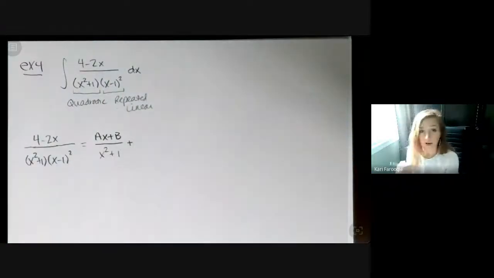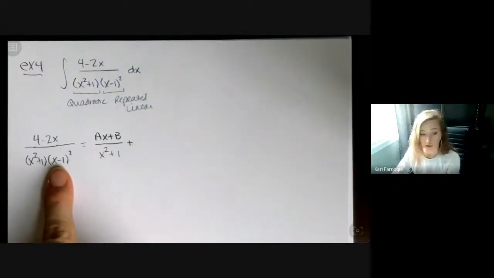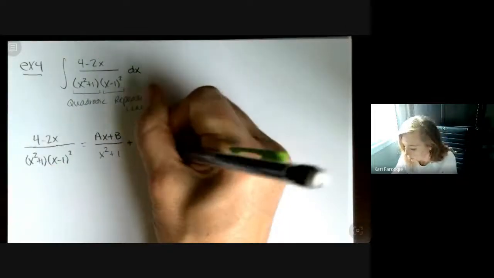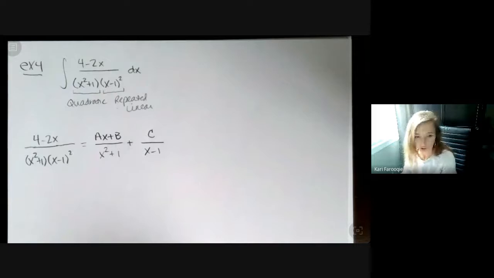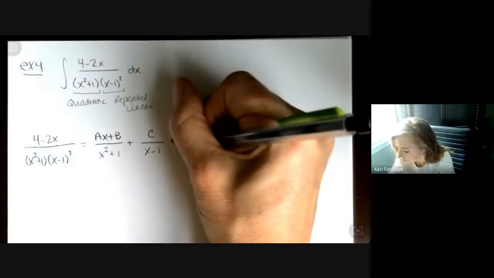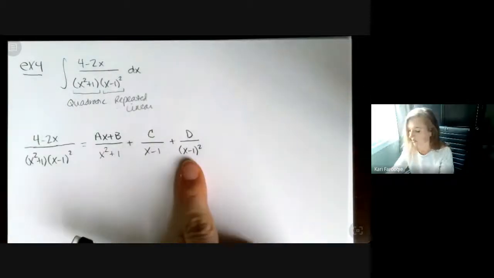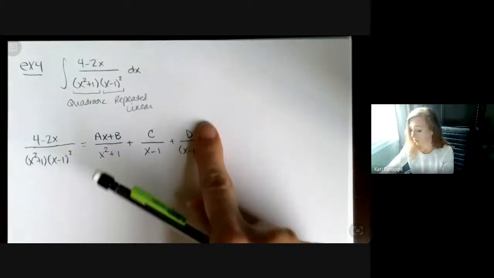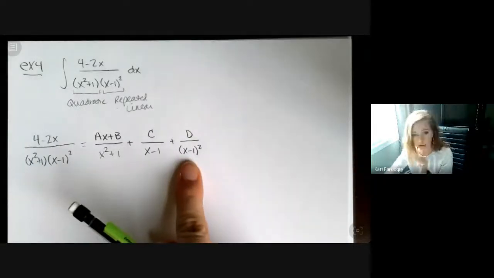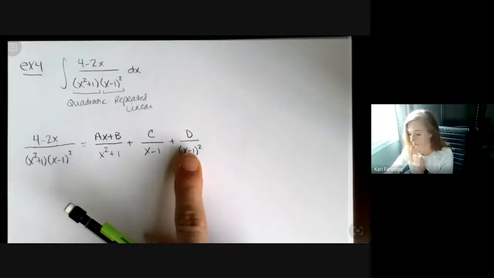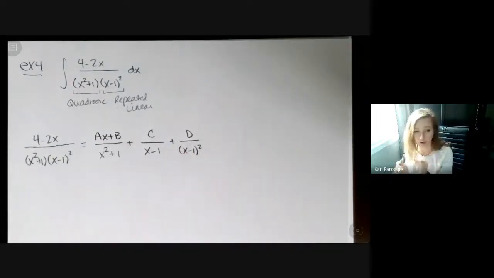Now you're going to deal with the repeated linear factors. You have two factors of x minus 1. So you're going to use the first factor with a linear numerator, so you can just use c, and then you're going to use that factor both times it appears with d. Remember, if it's a linear factor, it only needs a constant in the numerator. So yes, technically, if you multiplied it out, it'd be quadratic, but you're thinking of the factor itself, which is linear.